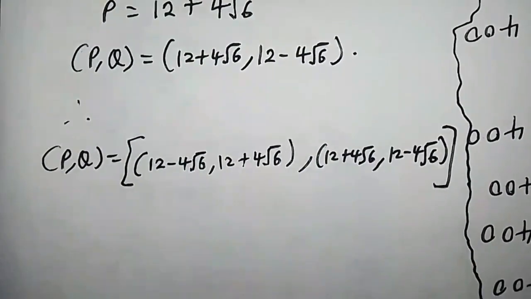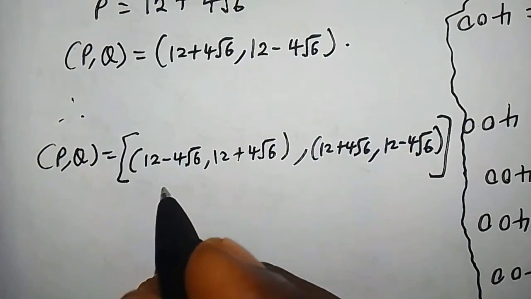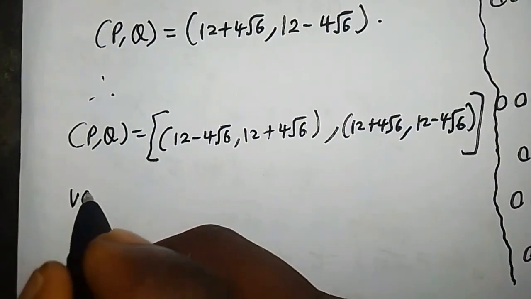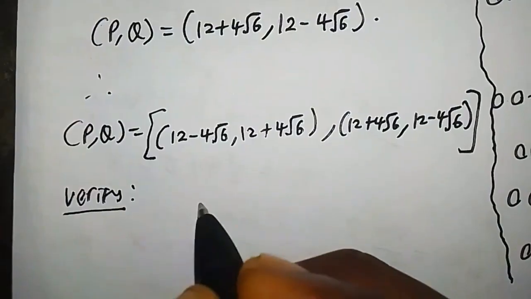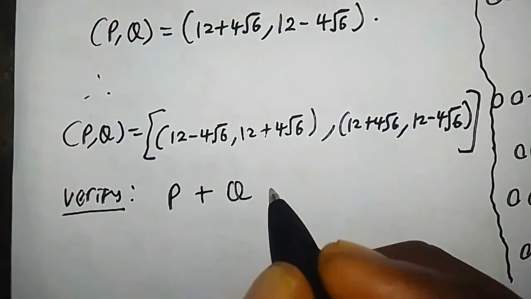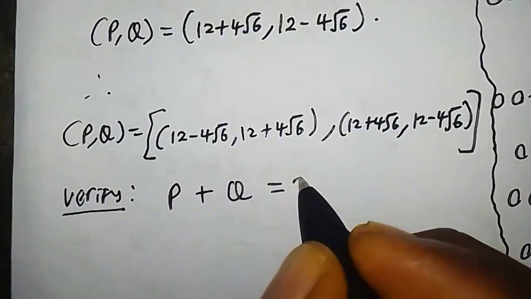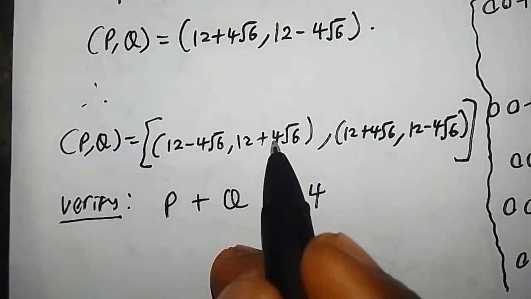So now let's verify if these answers are correct. Let's verify it quickly using equation 1, which is P plus Q equal to 24. Let's verify the first one first.